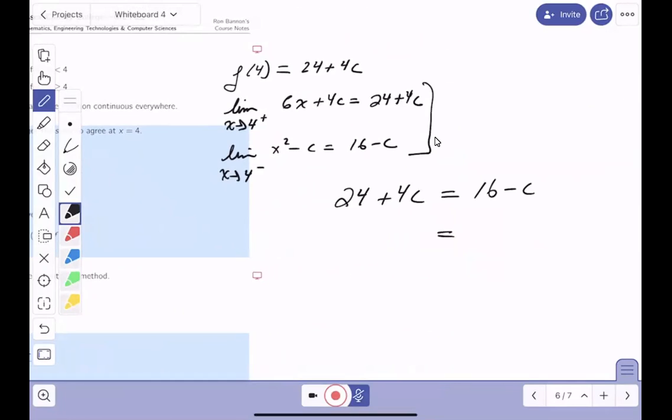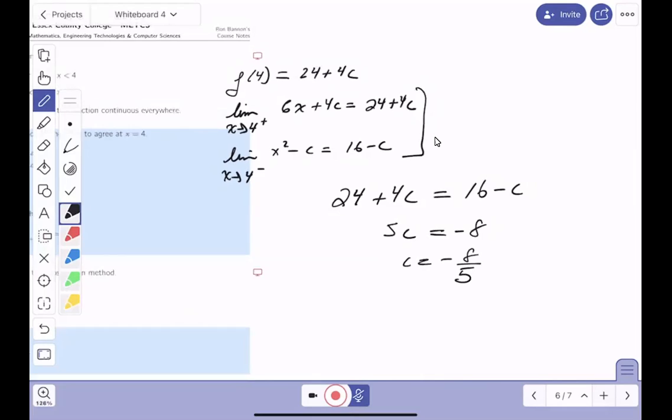I would add c to both sides, 5c, and I would subtract 24 from both sides, and that would be minus 8. Did I do that right? If I add c, I get 5c, subtract 24, yep, minus 8. So what's c? 5c is minus 8.